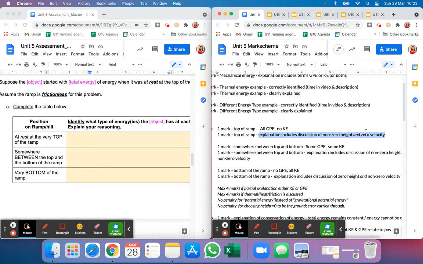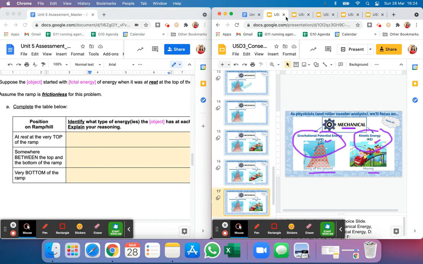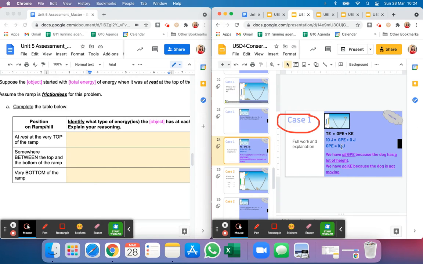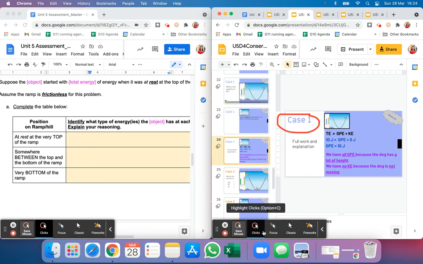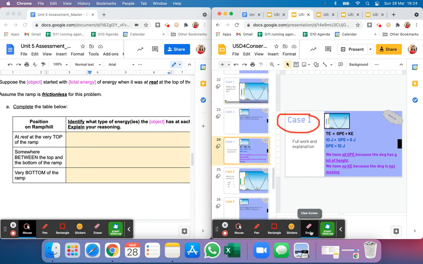So this was not a half mark situation. You got 1 mark for saying all of this. You have height and you're not moving, just like we did here. We have height and we're not moving. The in-between situation, people did really well with, for the most part.